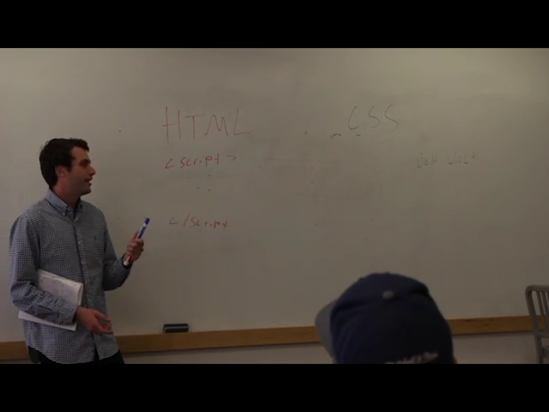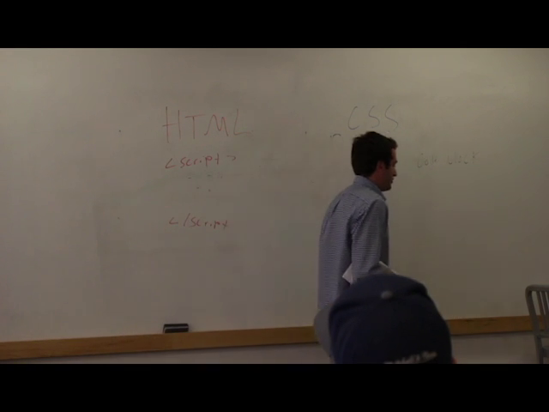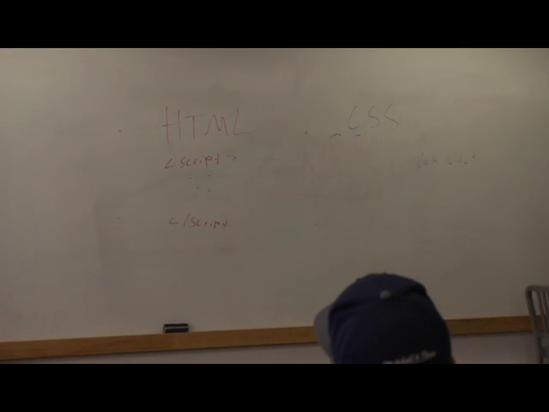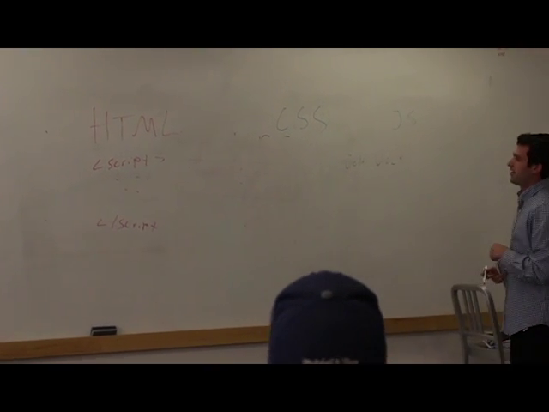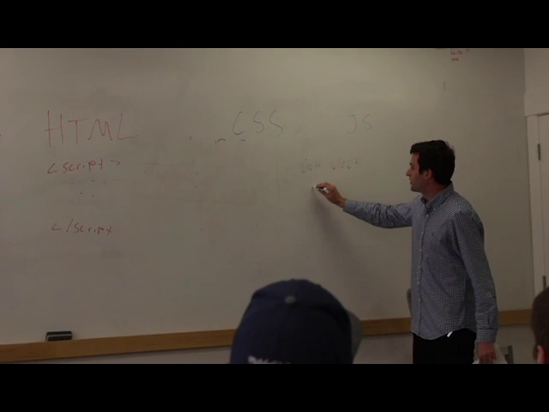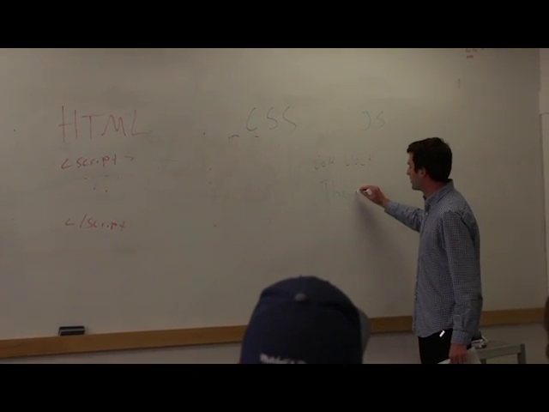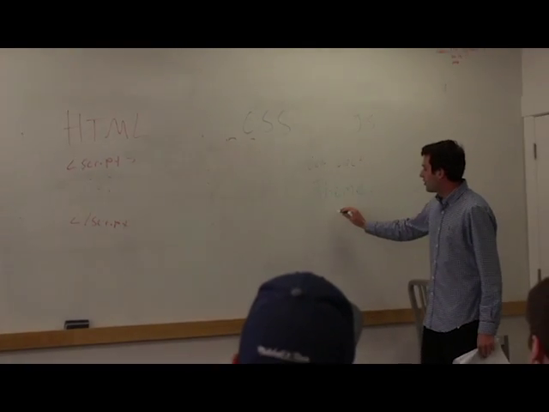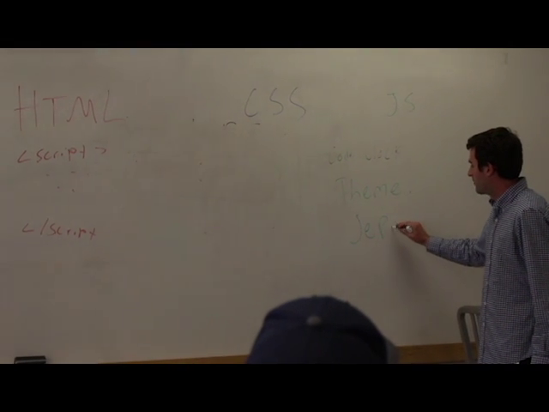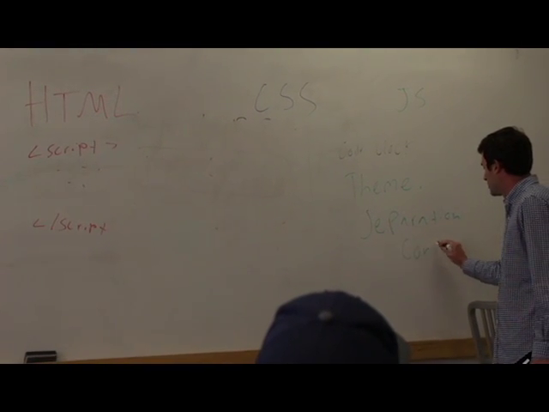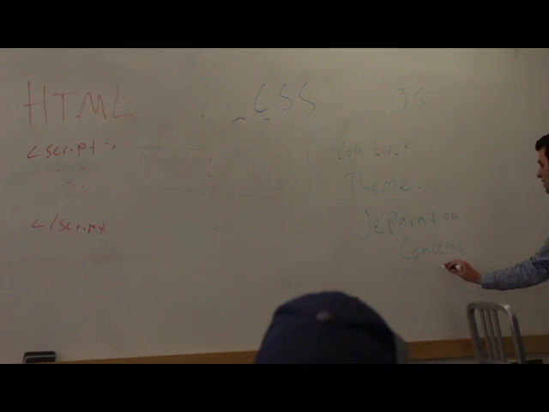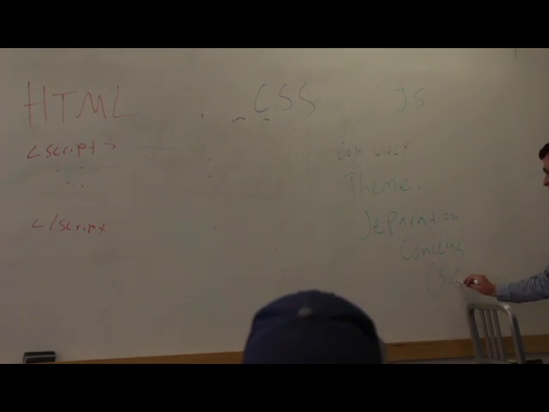And let's say, just for this, we have a JS file as well, which we'll be learning later. This is separate too. This idea, this theme, you'll see over and over again in computer programming, and it's called separation of concerns, or SOC.